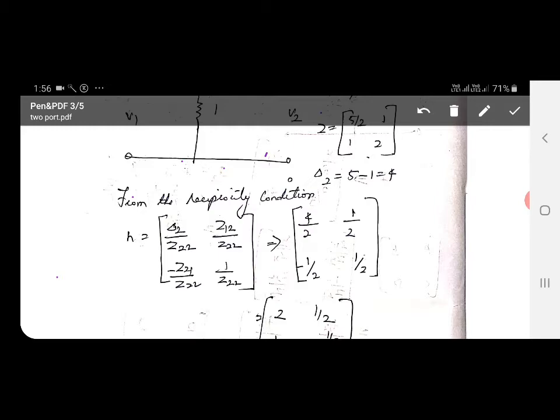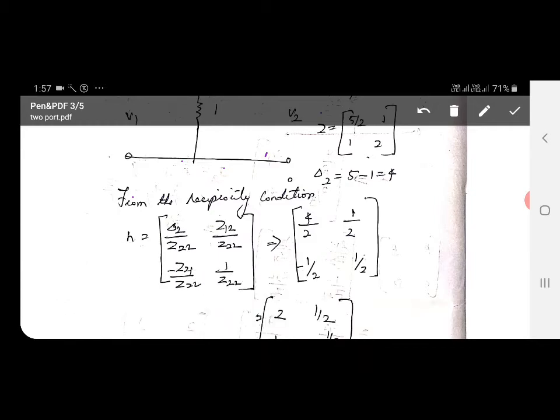The corresponding matrix will be H is equal to del Z by Z22, Z12 by Z22, minus Z21 by Z22, and 1 by Z22.